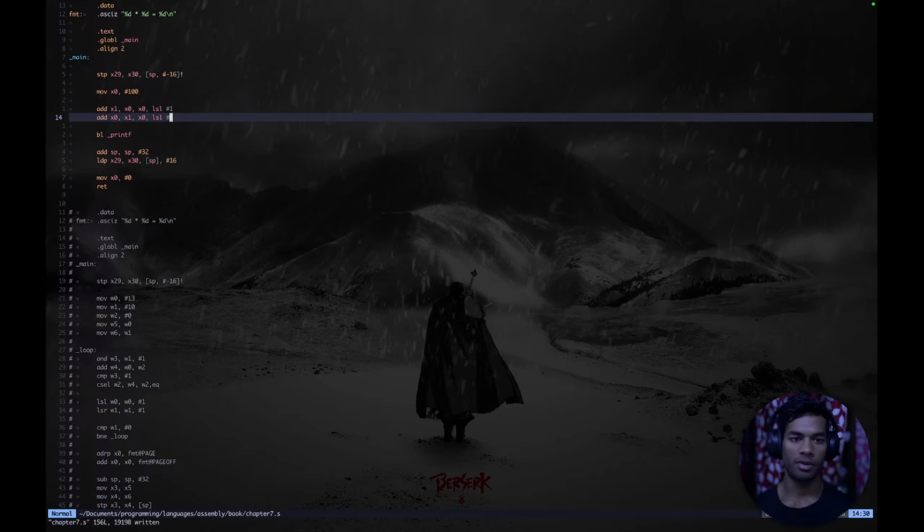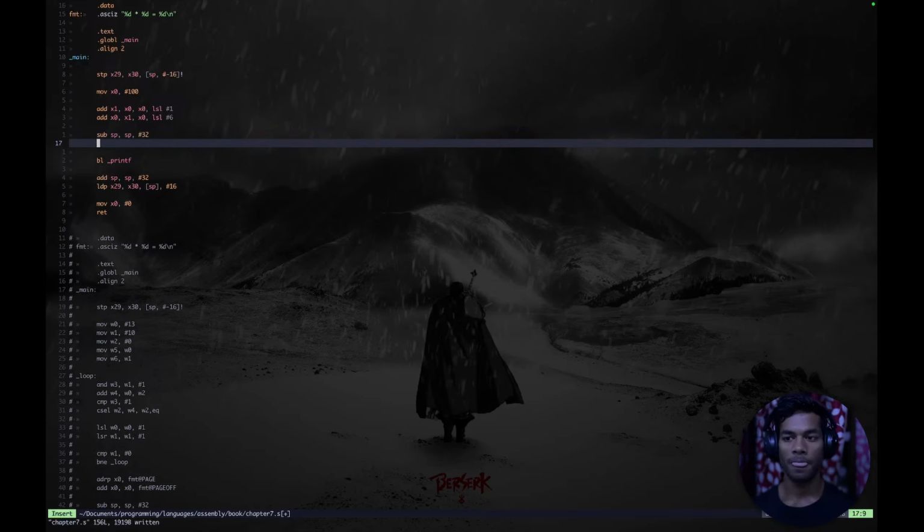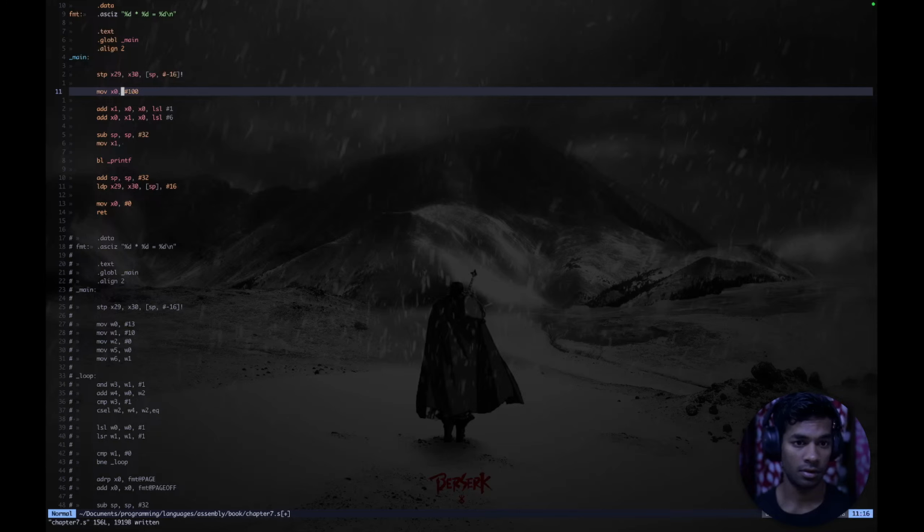Now the zeroth register should contain the answer, and at that point I will move the answer along with the other values onto the stack. For that I will get some space on the stack like so, and move to the first register. What is the first value that I want to add? The first value that I want, the multiplicand, is the original value of the X register, which is now lost in the chaos.